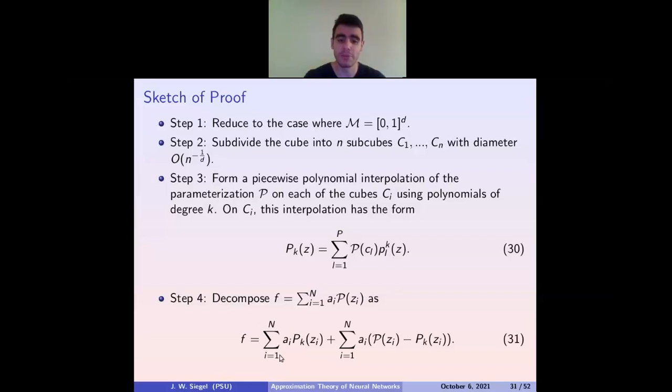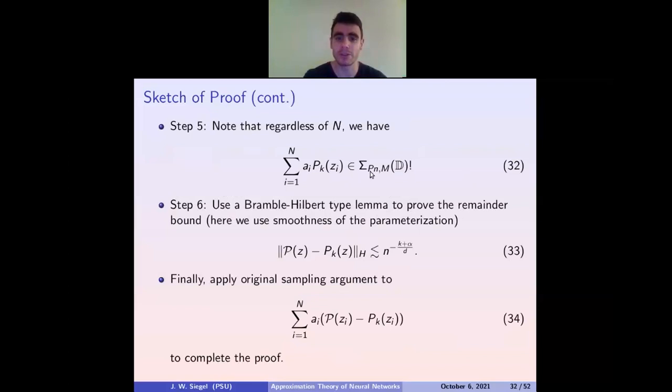So this first term has a fixed number of dictionary elements, regardless of how large n is. To deal with the second term, we use a polynomial approximation lemma, a Bramble-Hilbert type lemma, to show that the error in this polynomial approximant is n to the minus s over d. Then we finally apply the original sampling argument to this error to get the result that we want.